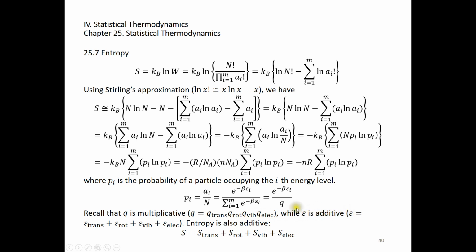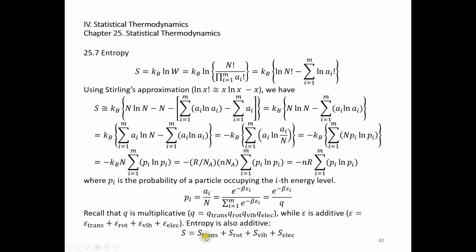The energy of a particle is its translational energy plus its rotational energy plus its vibrational energy plus its electronic energy. So over here, entropy is also additive. So the entropy of a system is equal to the total translational entropy plus the rotational entropy plus the vibrational entropy plus the electronic entropy.